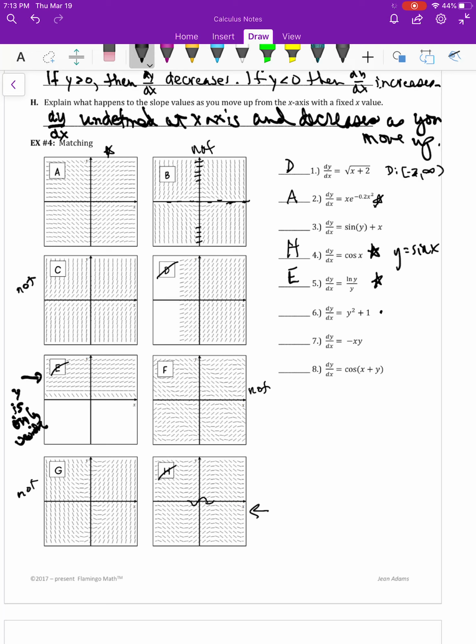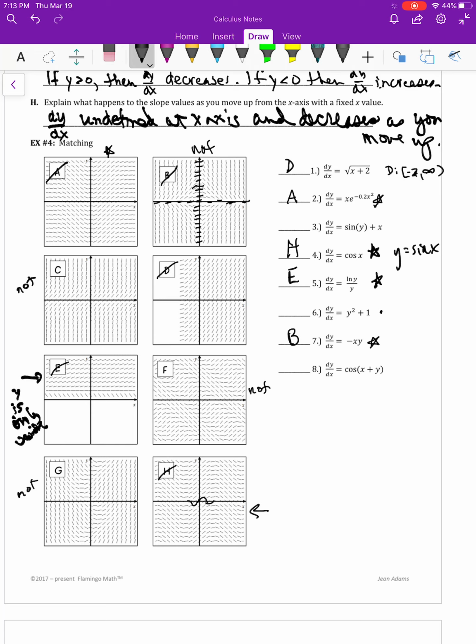I can see these slopes of 0, and these must be slopes of 0 also, because I don't see another one that we haven't done yet. But this one right here would be the one that would give us zeros on both the x and y axes. Because if I put 0 in, I'm going to get 0. So all those points that have x equals 0 and y equals 0 are all going to have slopes of 0.